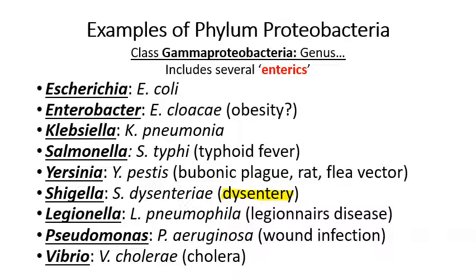Okay, now below that we have Pseudomonas, genus Pseudomonas. Example, Pseudomonas aeruginosa. You should remember Pseudomonas aeruginosa because it is a critical type of bacteria, a nasty type of bacteria that often infects wounds. It infects surgical incisions and wounds.